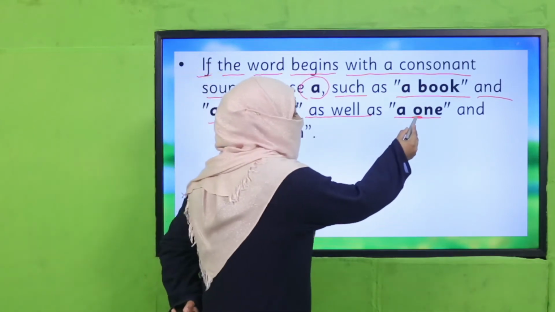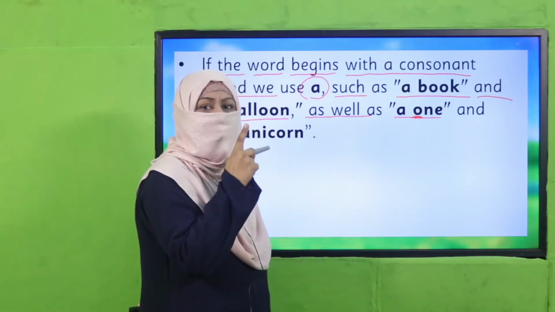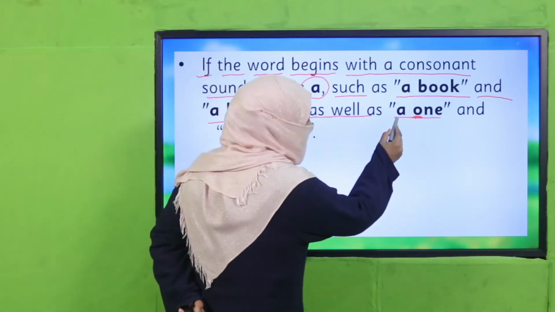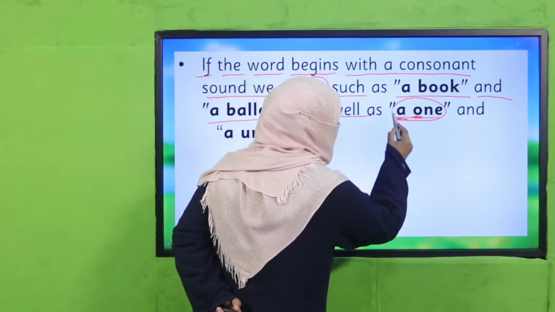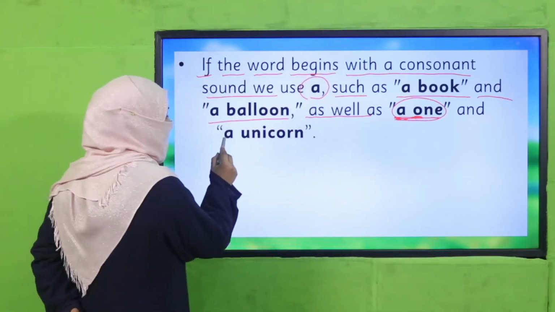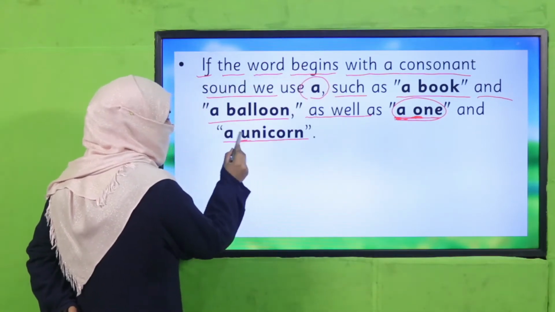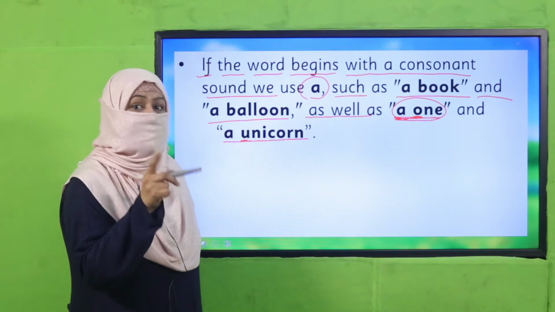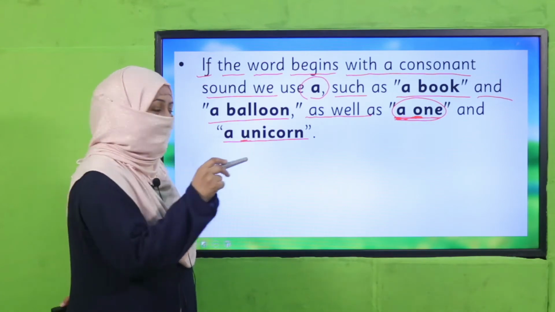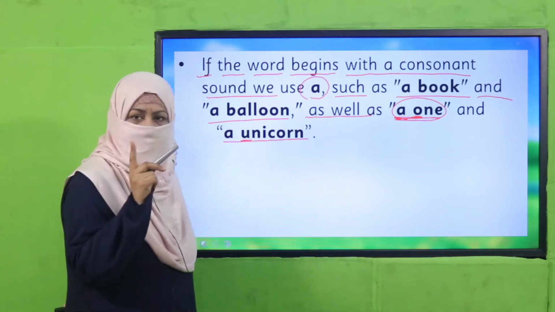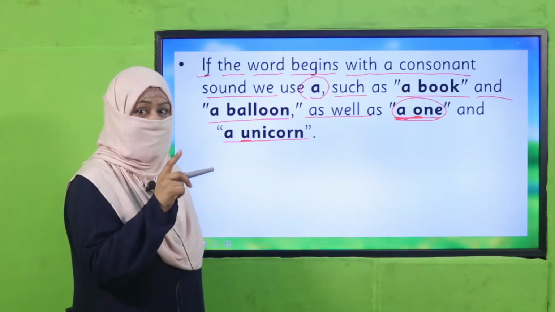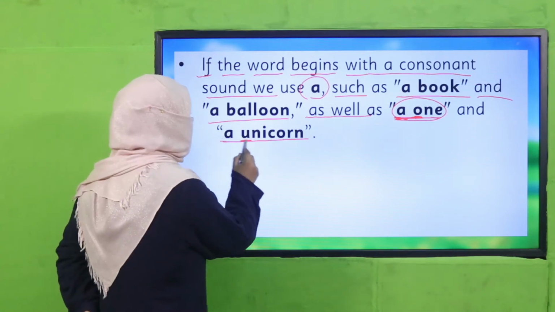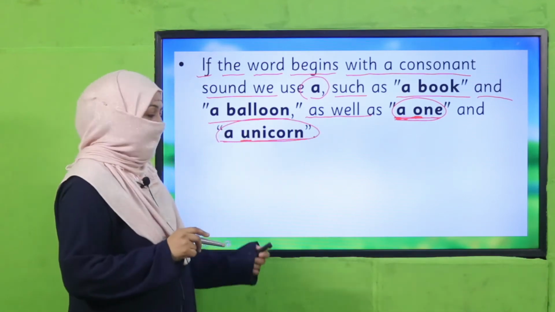And here, this O is giving the W sound, one, right? That's why instead of an, we use one or a one. And a unicorn, again, this U is giving the consonant sound of Y, right? That's why a unicorn, not an unicorn. I have explained it to you in detail, right? So this is the first situation.